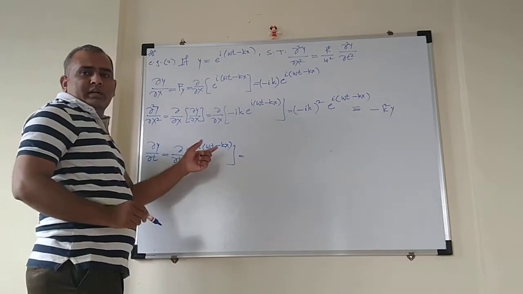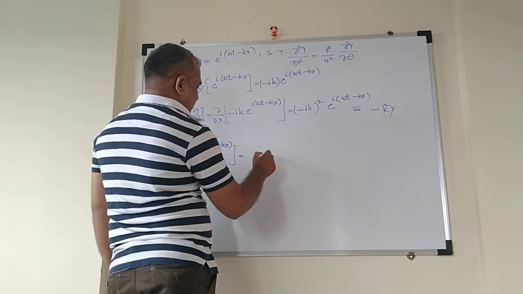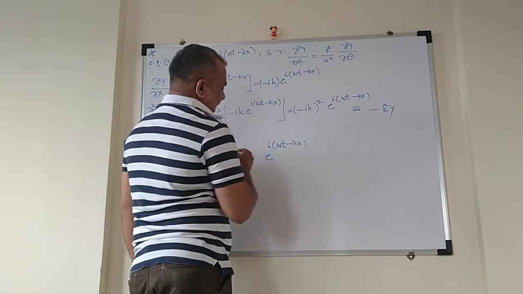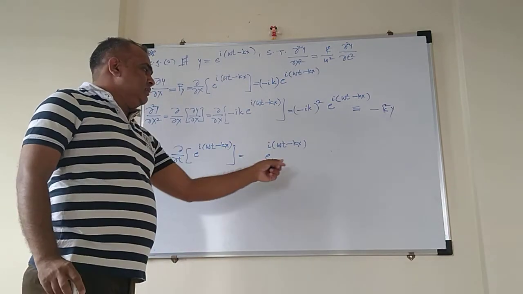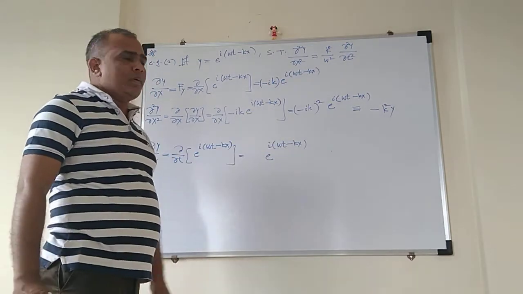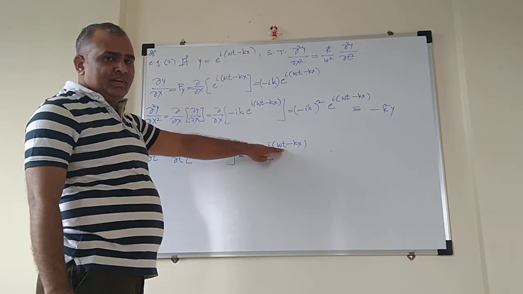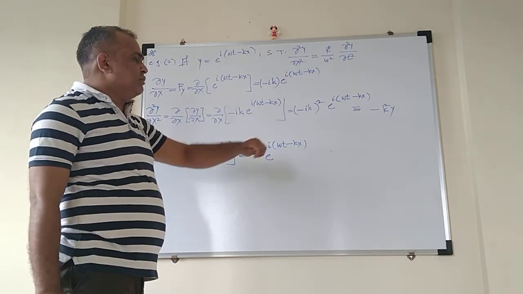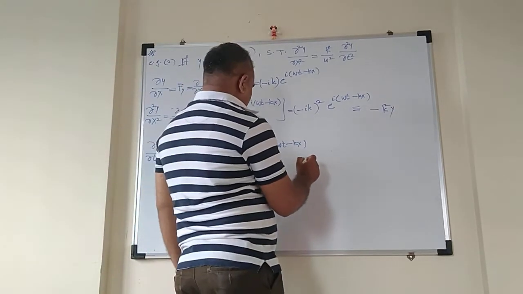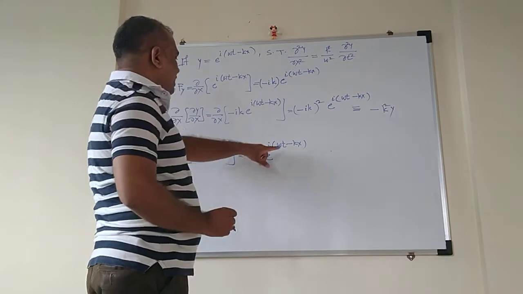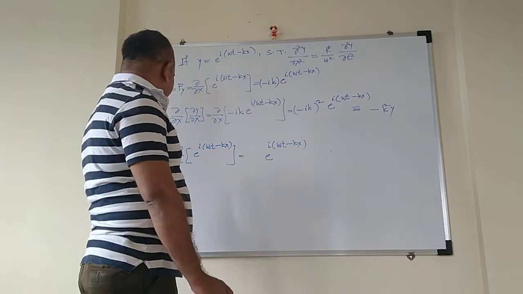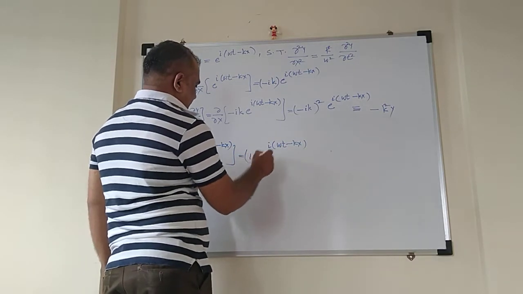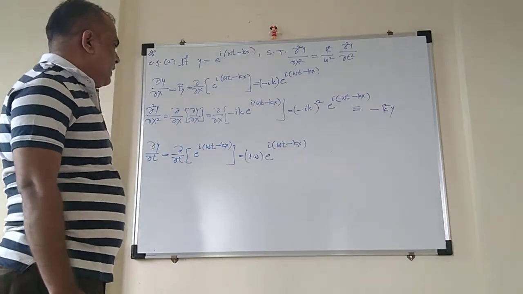If you differentiate, you will get e raised to i(omega t minus kx), and the differentiation of this exponent with respect to t, where x now acts as a constant, is equal to i omega.